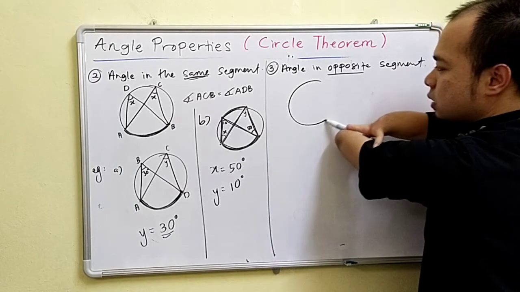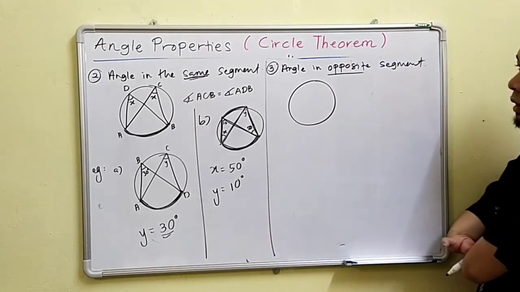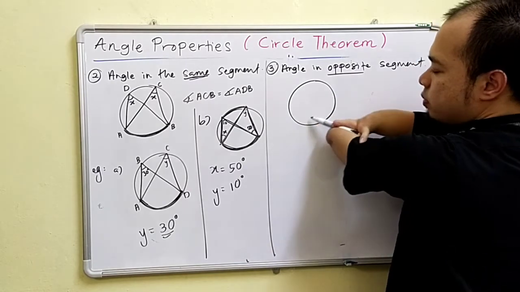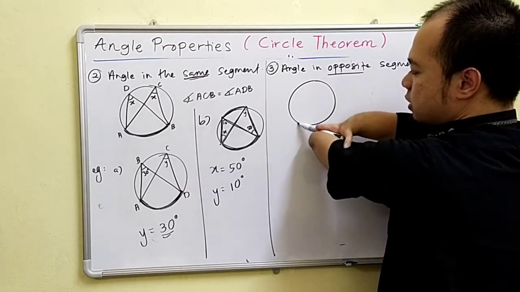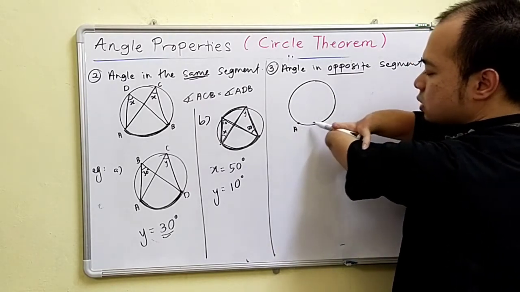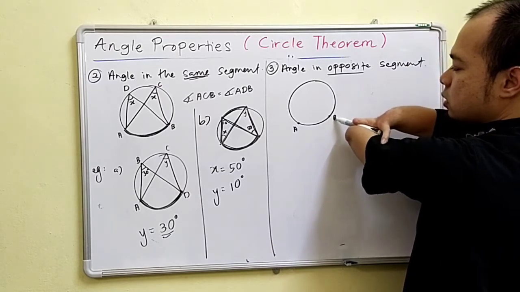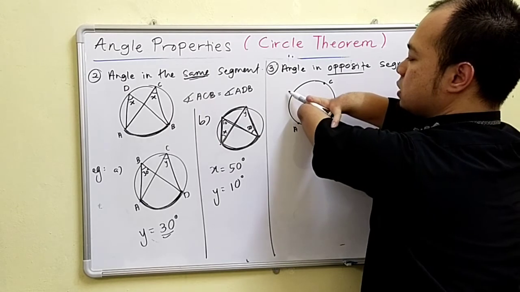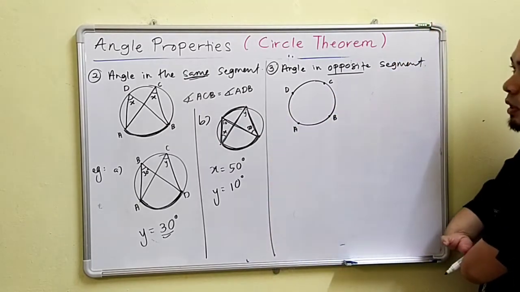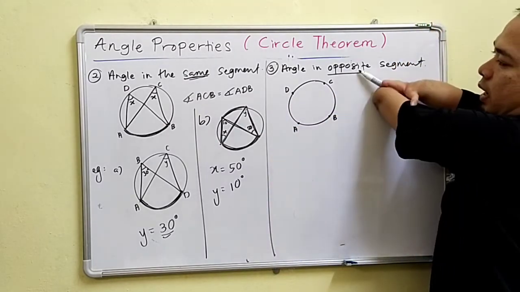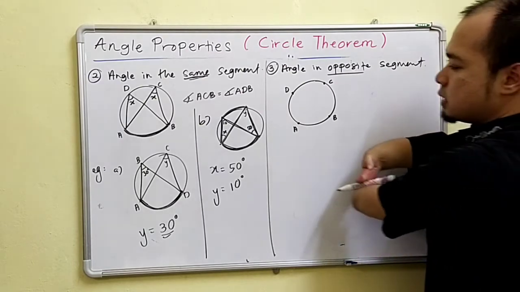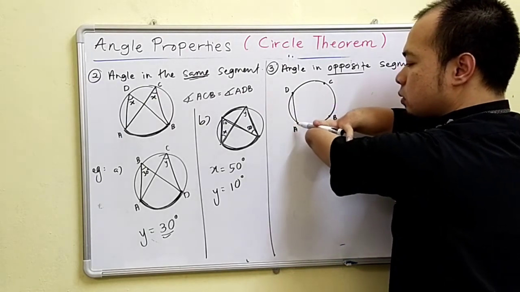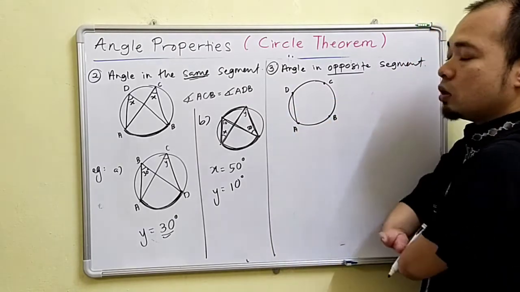Okay, example, this is the circle. I will have 4 points A, B, C, D. I must make sure all those points lie on the circumference, A, B, C, and D. Now angle in opposite segment. If I connect from D to A, this line DA we call chord.